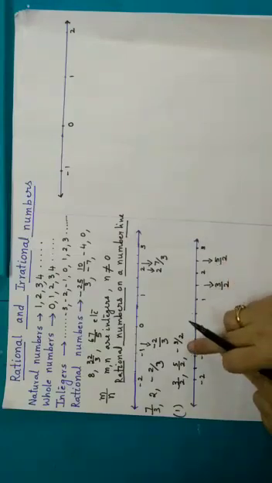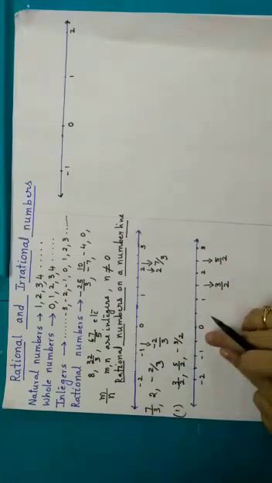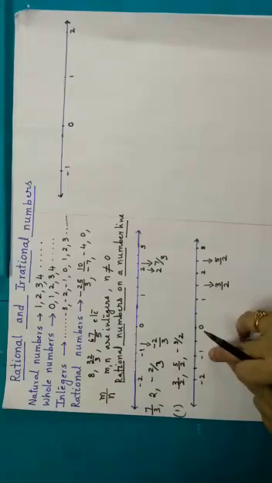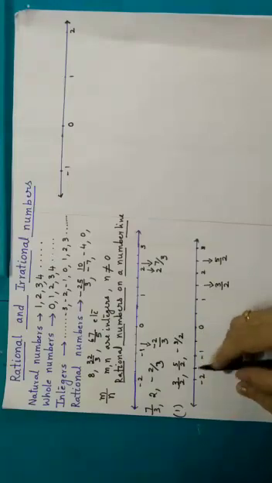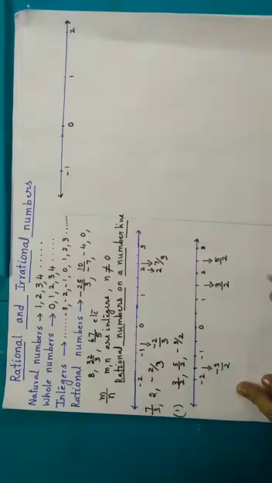One more is left, minus 3 upon 2. That will be to the left of 0. Minus 1 upon 2, minus 2 upon 2, and this will be minus 3 upon 2. So we have completed the first sum. The second sum is your homework.